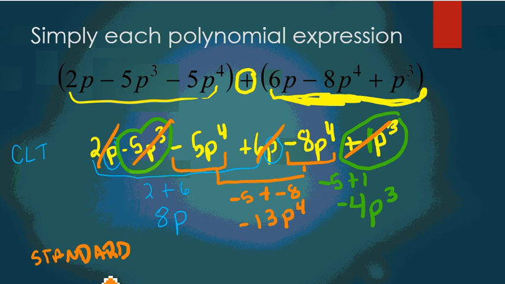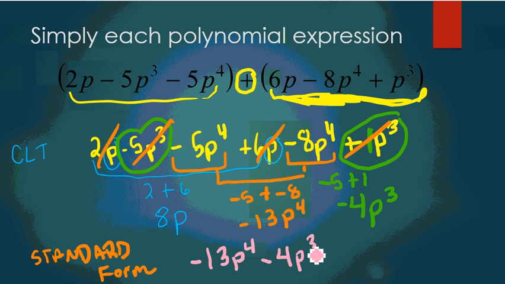Okay, which is highest exponent to lowest. So between these three, p to the 4th is the highest. So we're going to start with negative 13p to the 4th. My next term is negative 4p cubed, so minus 4p cubed. And then this 8p right here is a positive 8p. In order to have a complete expression, I need to have minus signs in between each of my terms.